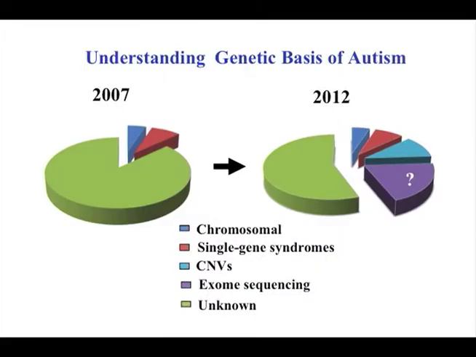So where have we come? Well, in 2007, a small portion of the pie of autism, I think, could be explained genetically, largely by large chromosomal events that were seen under a scope, such as the chromosome 15 large duplication, and then single gene syndromes, and I'd put into that category Fragile X, Rett syndrome, and their contributions to autism. We are at the precipice right now, and there's a big question mark over the exome because I don't want to put this in firm writing.